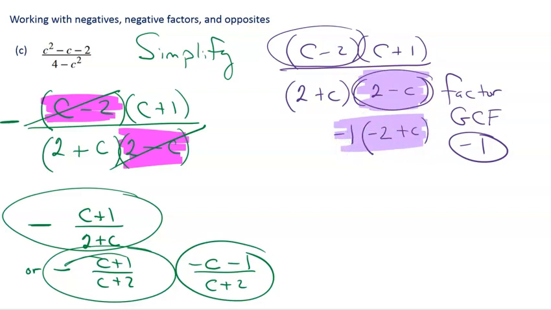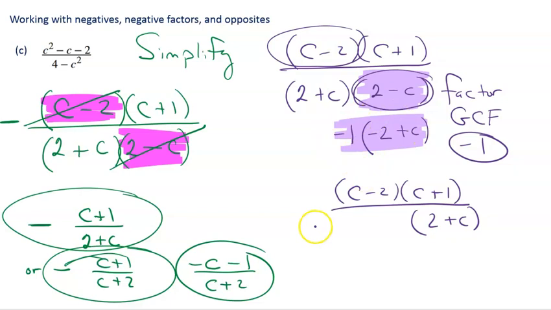Now let me write once again what I have. In the numerator, I have c minus 2 times c plus 1. And the denominator, I have 2 plus c. But you know what? It's on my nerves in the front, so I'm going to put it in the back. There's nothing wrong with that. The order you multiply in is not an issue. I'm going to rewrite my factored version, negative 1 times, now negative 2 plus c.